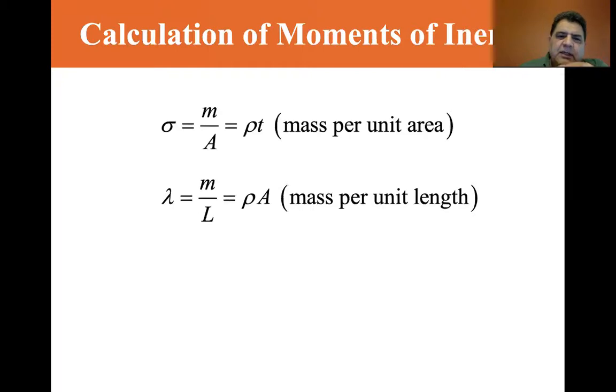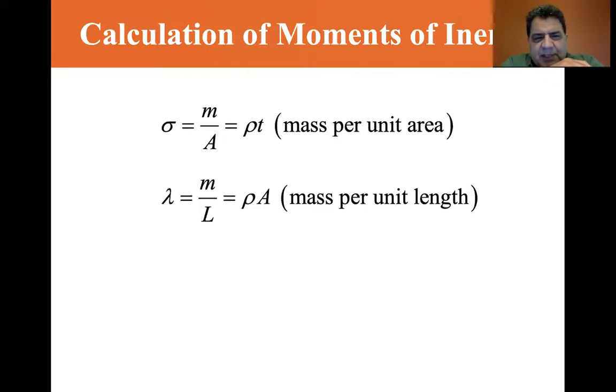That's rho. Now we can use sigma, mass divided by area. Well, that's mass divided by L squared. If you take rho, which is mass over volume, times T, a thickness, you get L divided by L cubed, which leaves you L squared in the denominator.